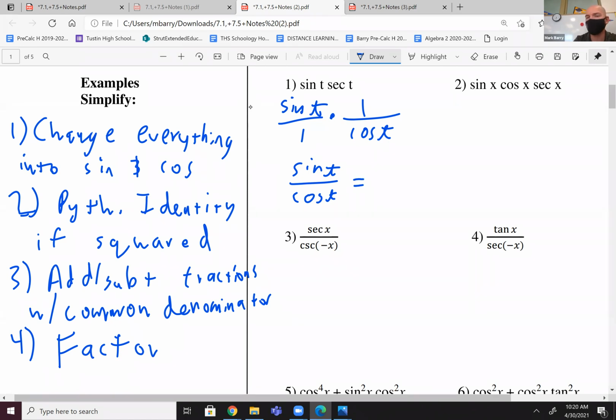Because all you need is sine over cosine to get a tan. So I would state my final answer as tan t, which is a lot simpler than the original question. Our goal again is to simplify. We're not figuring out what the variable is, we're just simplifying the expression, and I have done that.